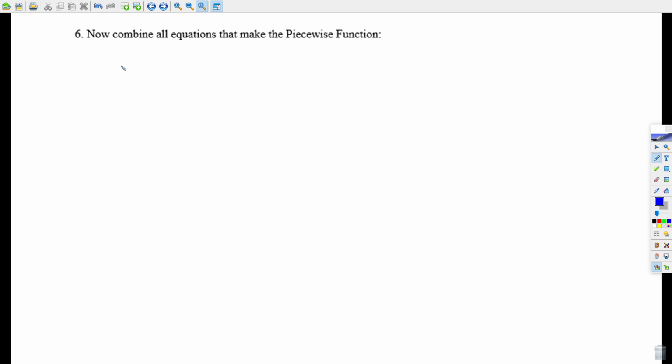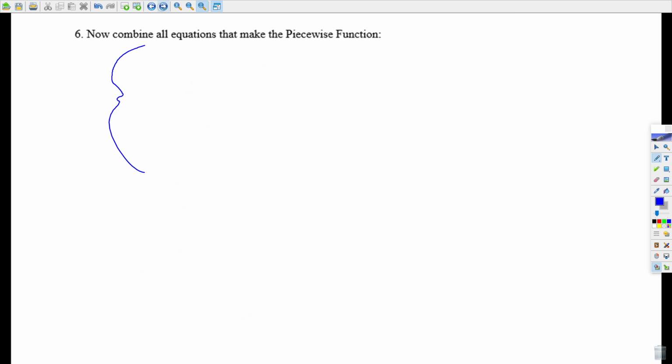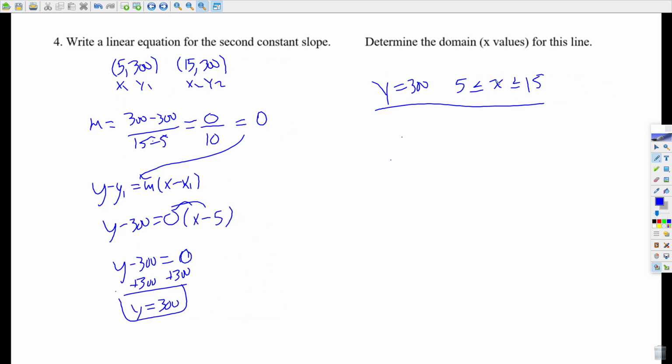So the last part says now combine all the equations we just did to make the piecewise function. What you do is combine these by making a curly bracket, just one, and put all three of them together. We need y equals 60x from 0 to 5, and it just goes beside it on the same line. So that equation from 0 to 5, and then we went from 5 to 15, and that was, I believe, just 300. Y equals 300, that's back here, 5 to 15.